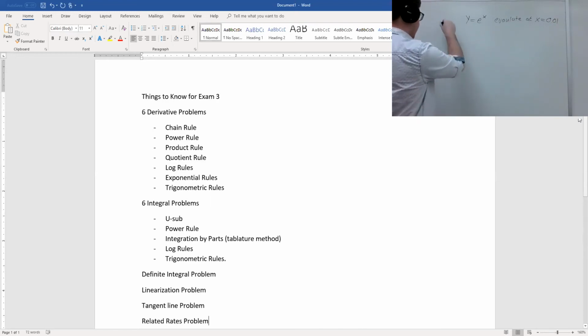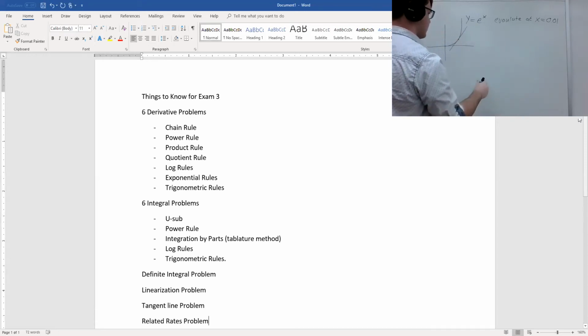If you think of what the graph looks like, e to the x looks something like this. If you have a tangent line to a point, the closer you zoom in, when you got really close to the point, it would pretty much be the same line. And so you can use this tangent line and its values to figure out what an x value would be on the actual function.